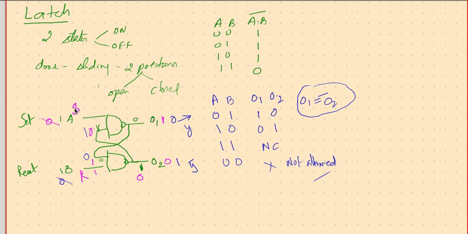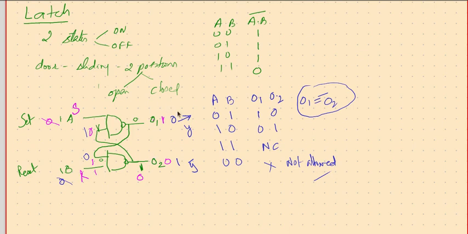So if S is made 0, the latch is set. If R is made 0, then the latch is reset. If it was already set and you try to set again, it doesn't make any difference because the door was already open, and even if you try to open again, it remains open.